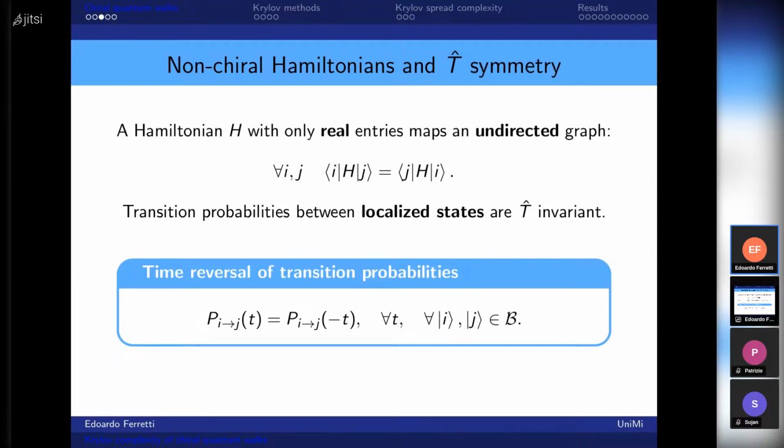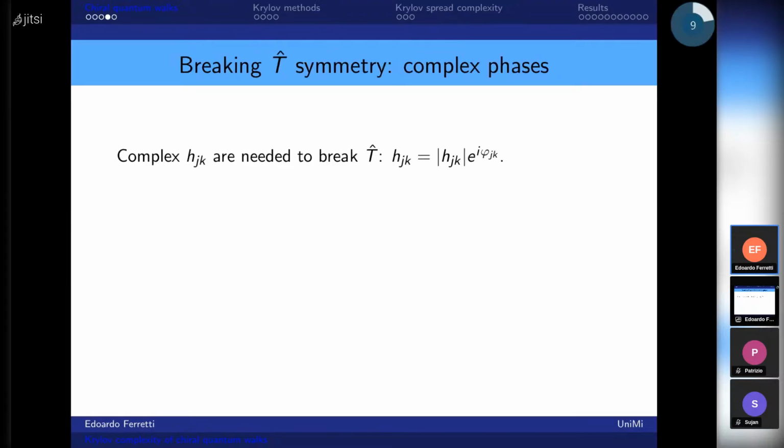In particular, these probabilities cannot be larger than 1/2. This type of Hamiltonian is called non-chiral, because in this kind of graph there is no directionality. It's as if the system does not distinguish between left and right. That's the reason for the word chiral here.